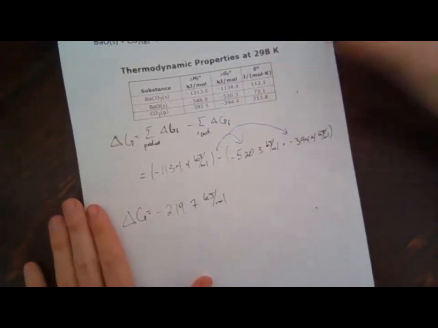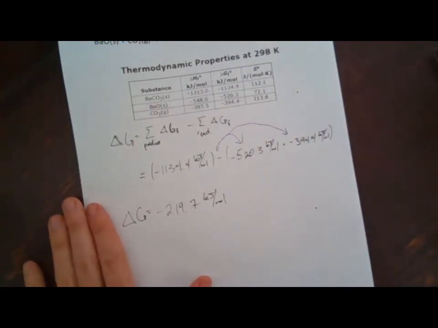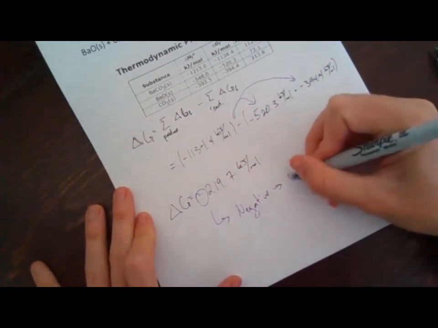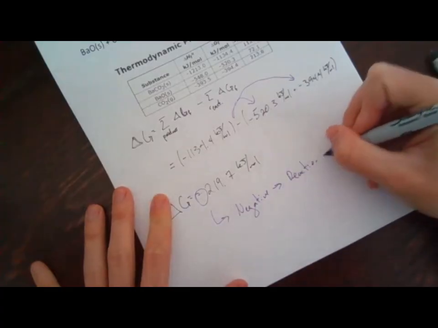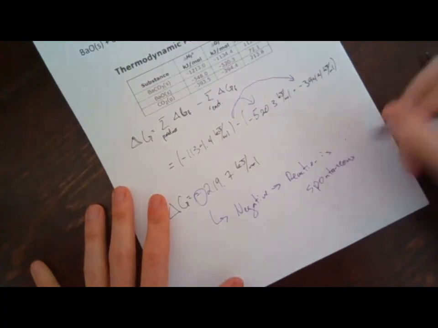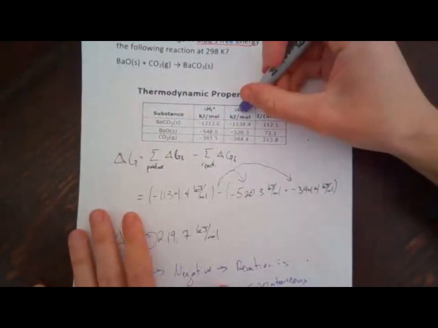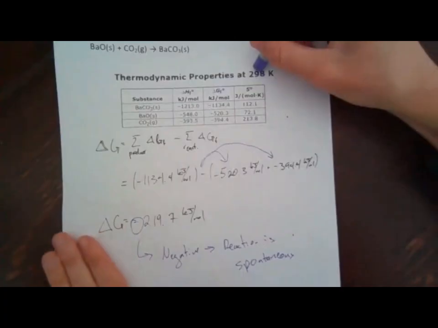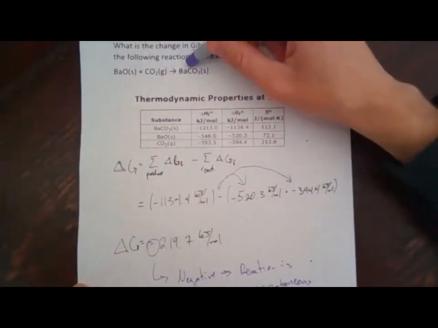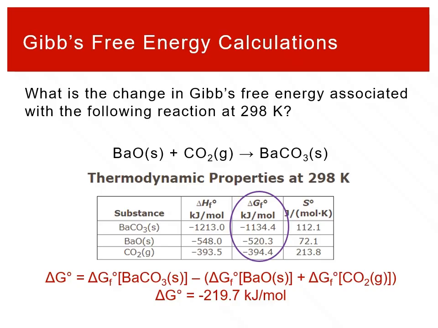Really the main function of calculating delta G is to look at the sign, and we can see that we have a negative sign. Because it's negative, that means the reaction is spontaneous under these conditions. So at 1 bar, that circle means we're at 1 bar pressure, and 298 K, if you react barium oxide and carbon dioxide, you're going to get barium carbonate.